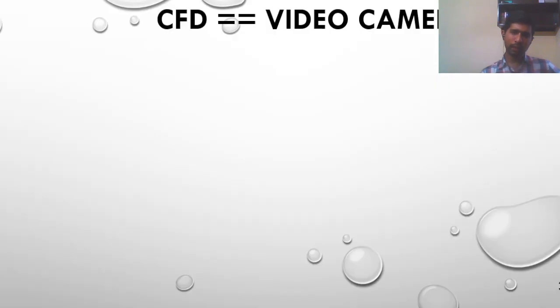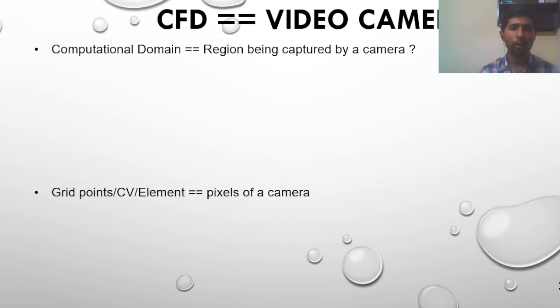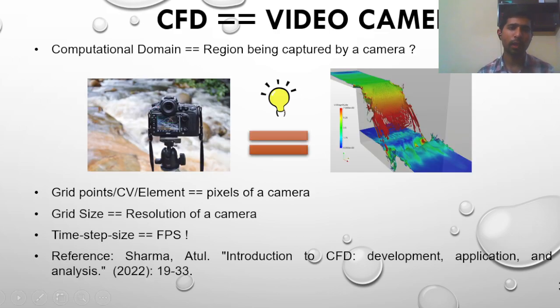Again, like last week, I had compared the computational fluid dynamics process with a video capturing process through a video camera. Last time also we had done this. So I'll explain the mesh terminologies with respect to this video camera. You want to capture a particular region.